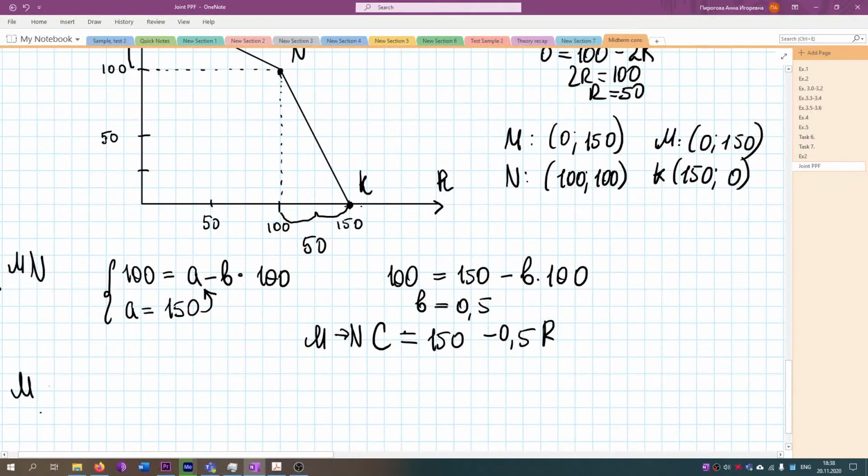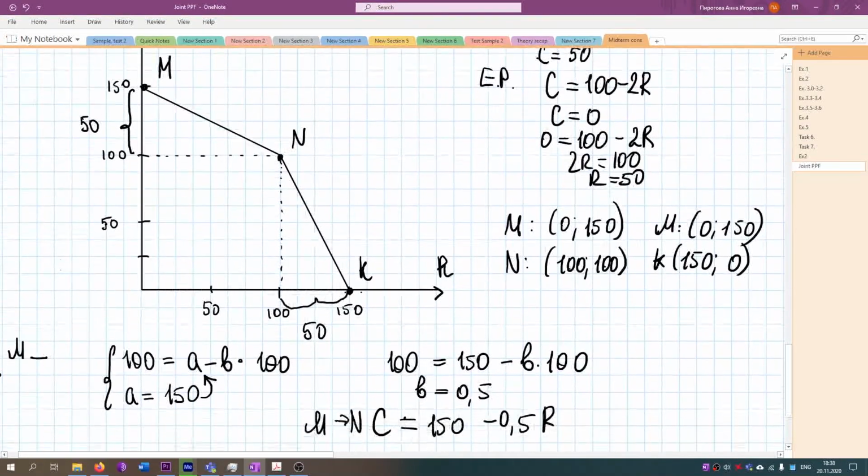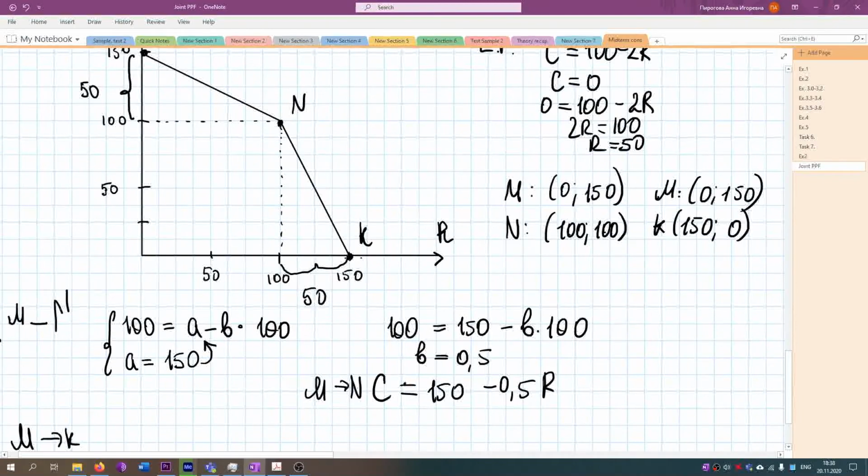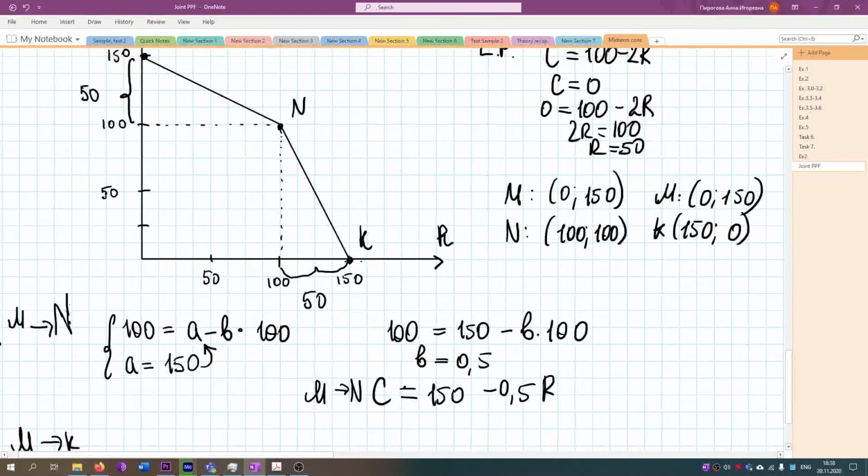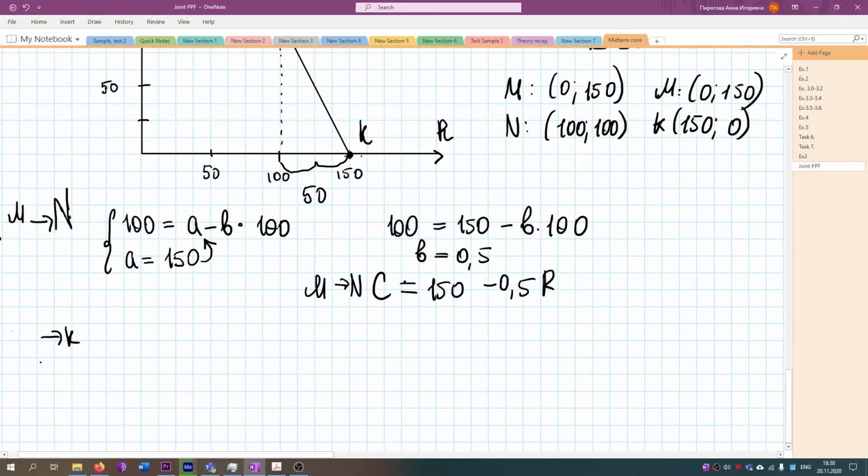So it was M to N, and now we have the N to K interval, and in this case our system will look like 100 is equal to A minus 100B.